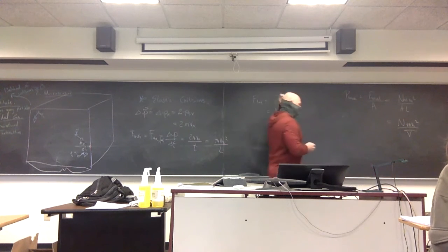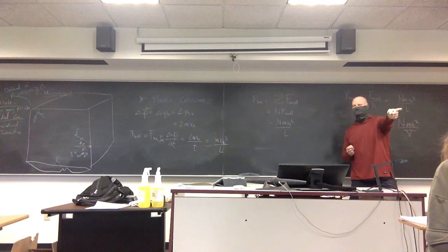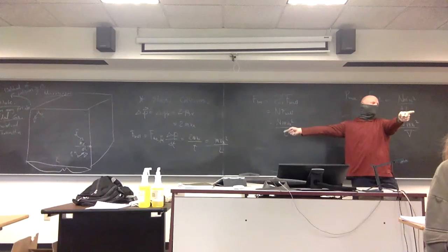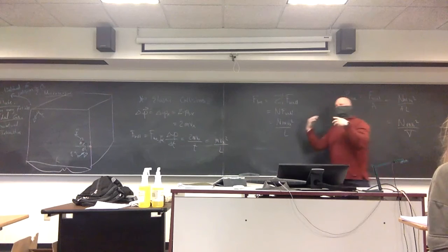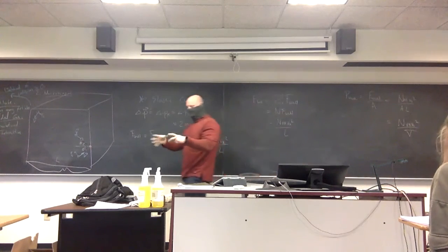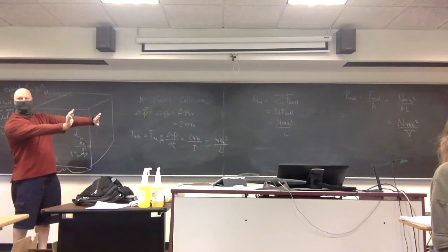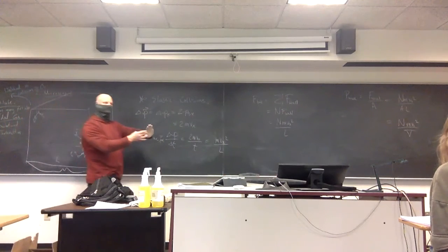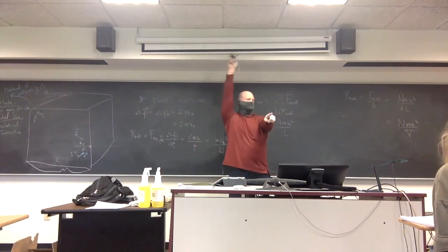So what I want to do then is talk about how the average velocity in the x direction compares to the average velocity in the y direction and in the z direction. So if I was looking at a box, which is just sitting there with air moving around, if there's no breeze blowing through my box, as in this room, what then is the average velocity in this direction versus this direction versus this direction? It's the same.